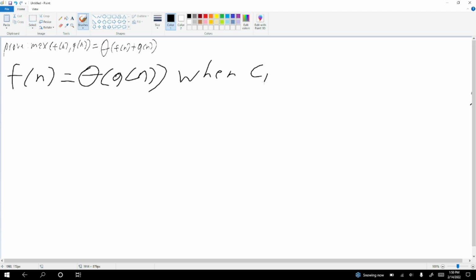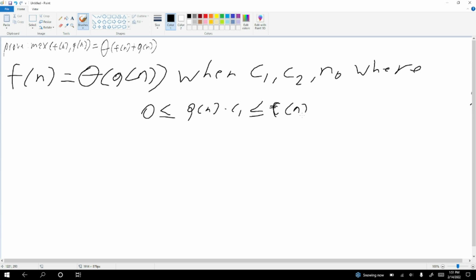There exist C1, C2, and n0, where 0 is less than or equal to g of n times C1, which is less than or equal to our f of n, which is less than or equal to C2 times g of n, for all n greater than or equal to n0.